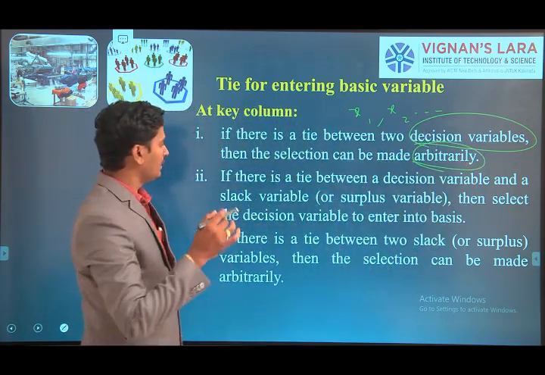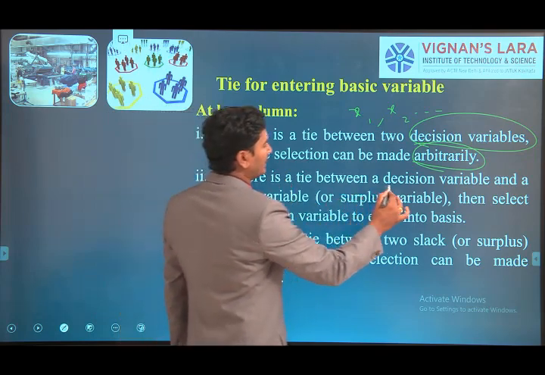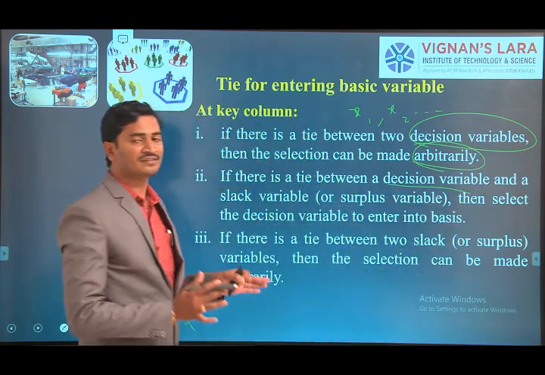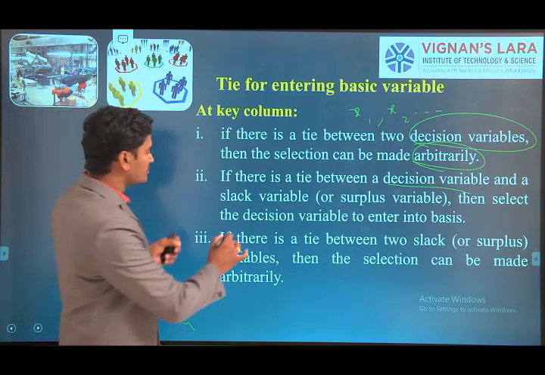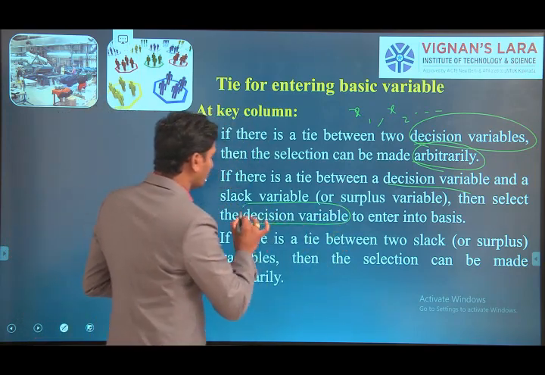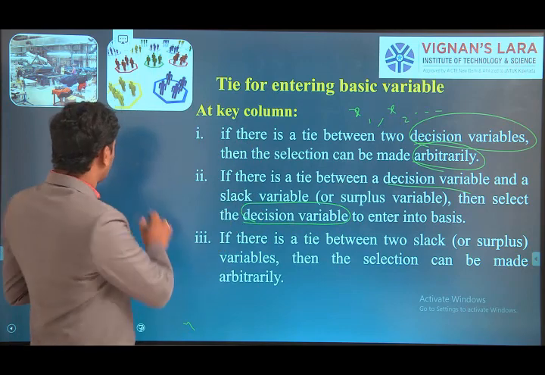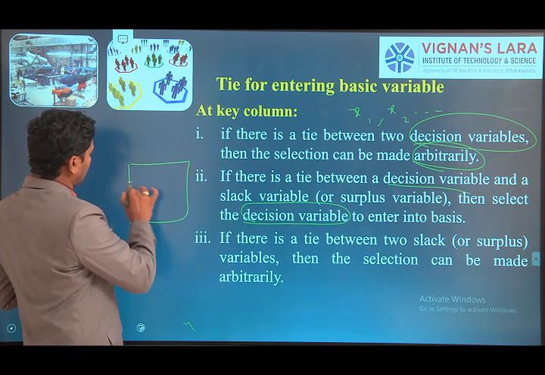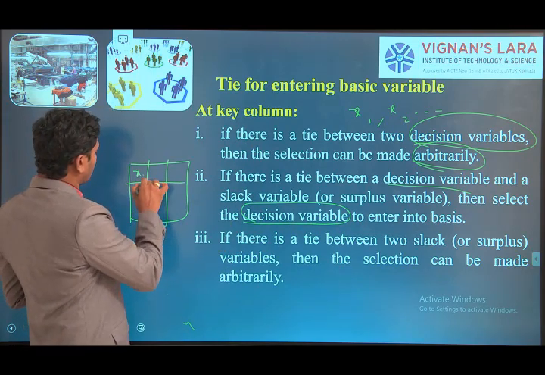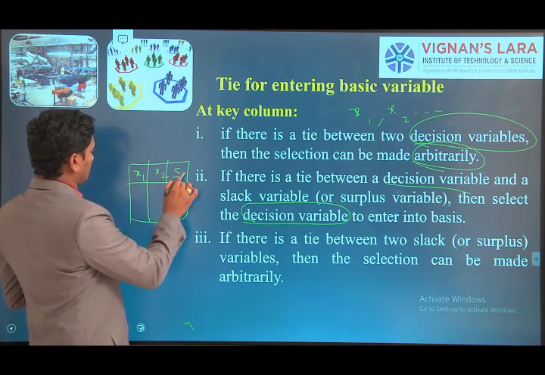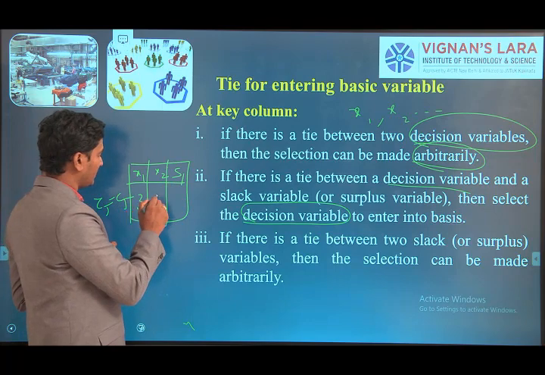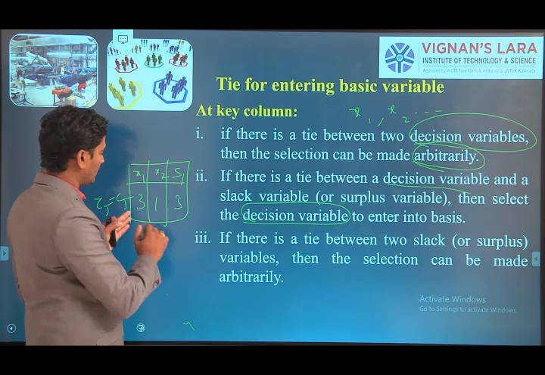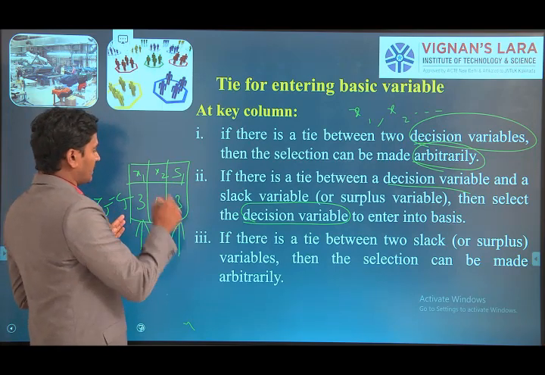Second, if there is a tie between a decision variable and a slack or surplus variable, at that time we have to choose the decision variable as the key column. For example, if we have x1, x2, s1 with Cj minus Zj values 3, 1, 3, the tie is between x1 and s1.